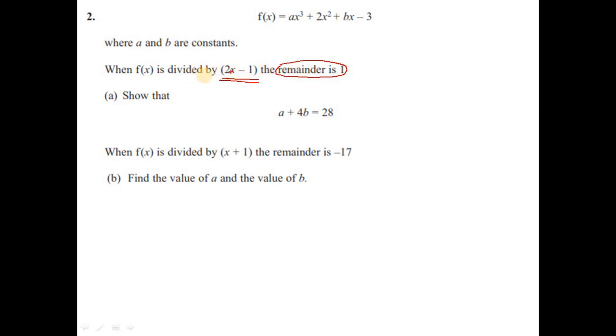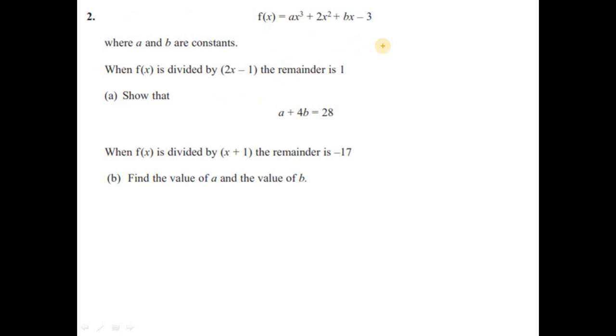The meaning of this statement is, if you substitute x equal to 1 upon 2, clearly you can do 2x minus 1 equal to 0, and make x the subject, so x is equal to half. So the meaning of this statement is, if you replace x with half everywhere, then f of half should be equal to 1. This is the meaning of the remainder.